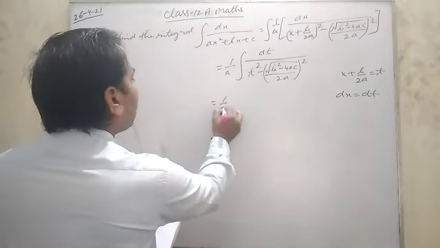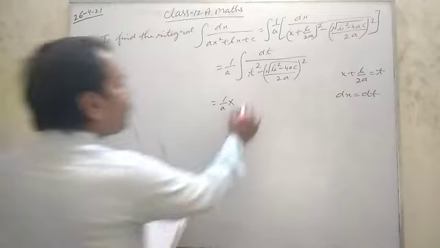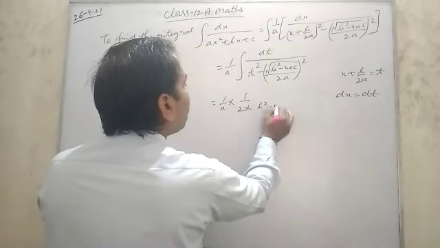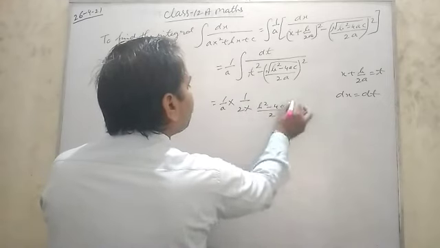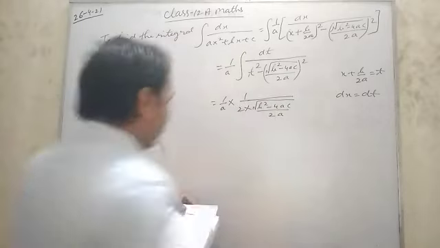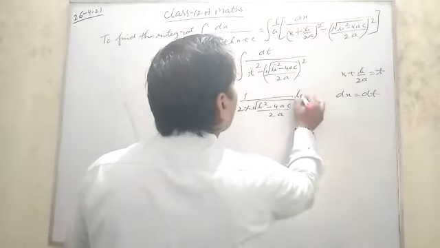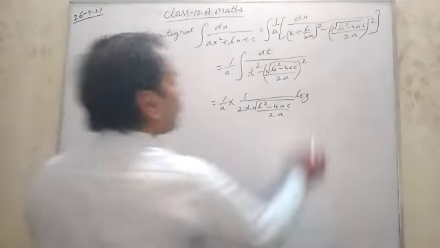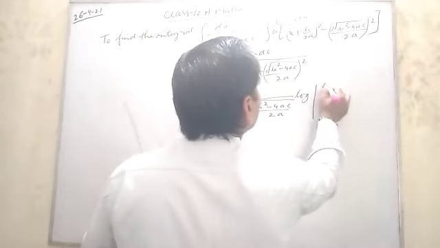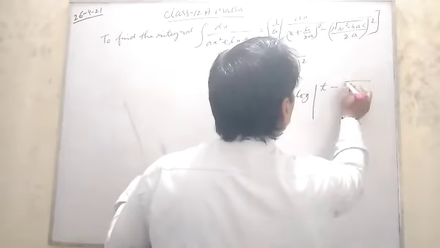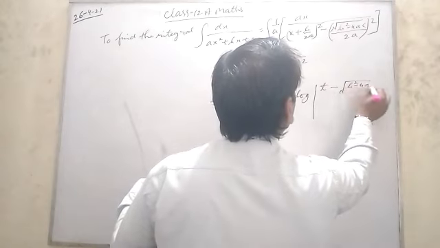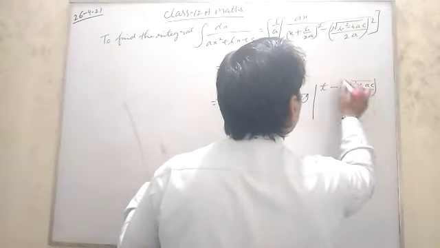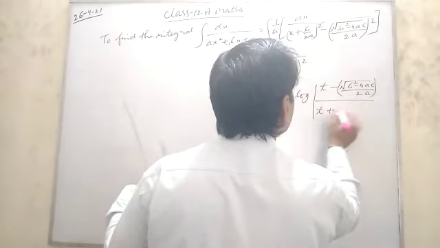So 1 upon a into 1 upon 2a. So 2a means this. Means this will be a, clear? And log, so log x minus a, so x means t, t minus a means this, b square minus 4ac upon 2a, this is a, upon t plus a.